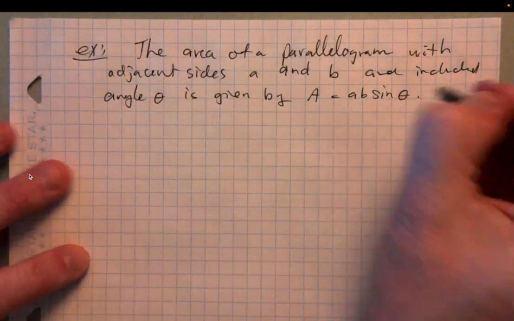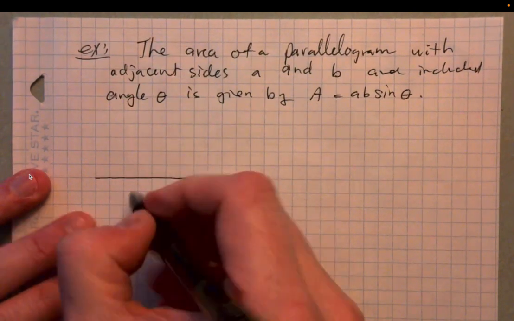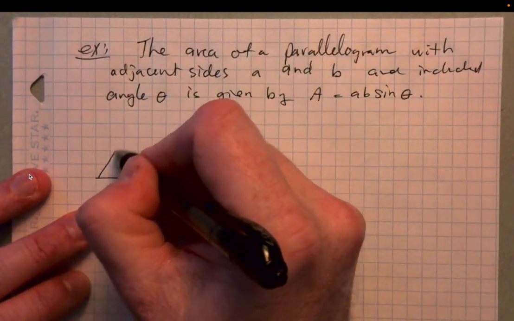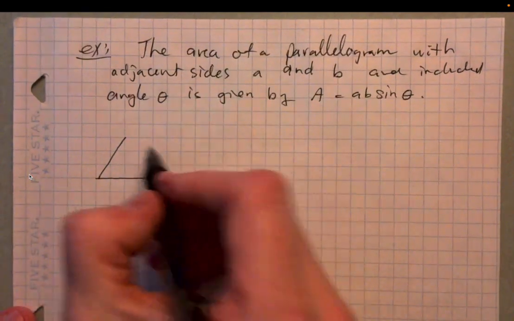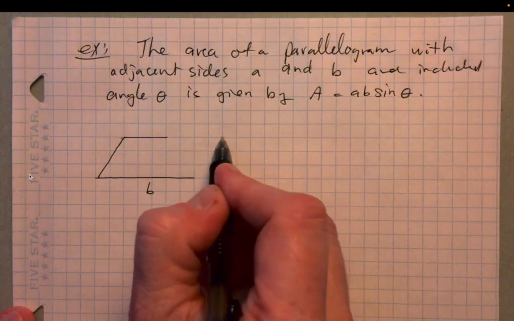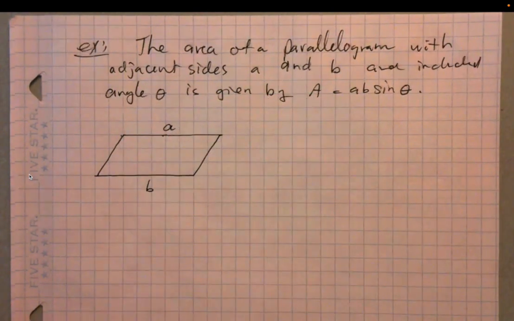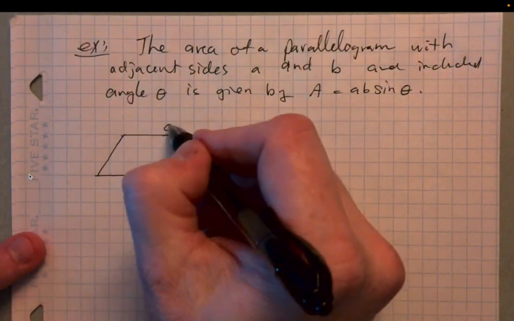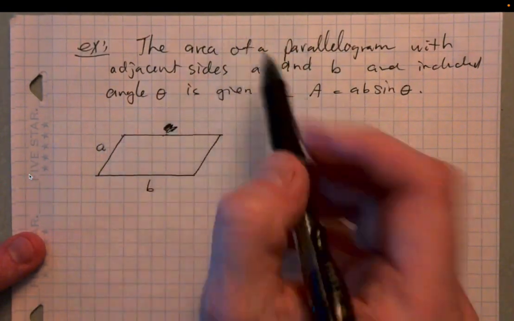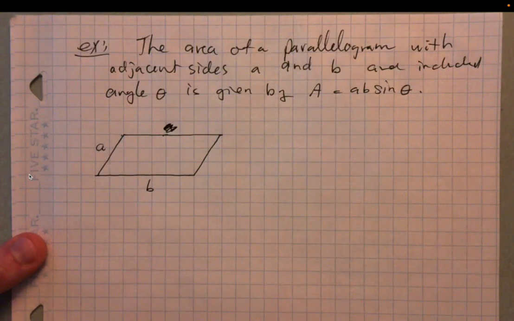Now let's draw this out really quickly here. Maybe this is your b, and you've got this kind of shape coming up here, and then how far out? We'll go like so. And so you've got a parallelogram. Sorry, this is a. Adjacent sides, a and b. So if this is b, the adjacent side would be this other one.